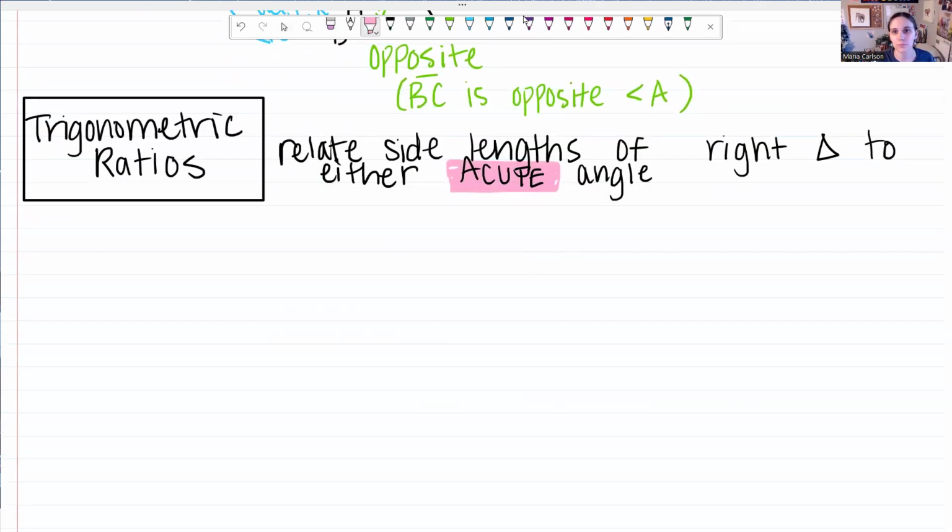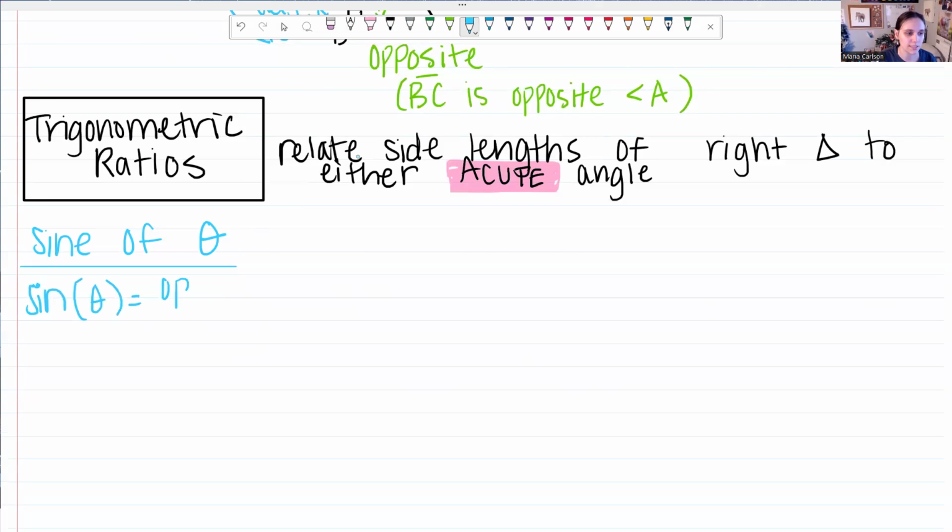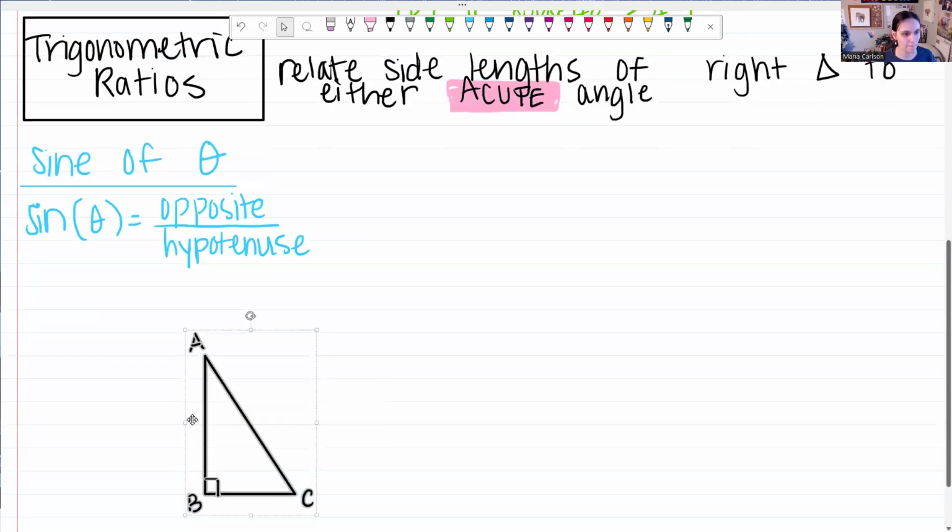The first trigonometric ratio we're going to work with, I'll do this in blue, is sine. Sine of whatever your theta is, that angle that you are interested in. So sine, abbreviated SIN, sine of theta is equal to your opposite side over your hypotenuse. So here is that triangle.